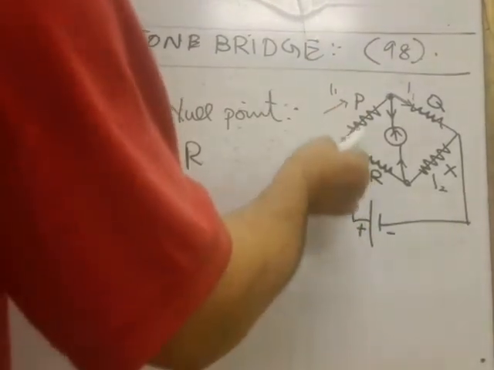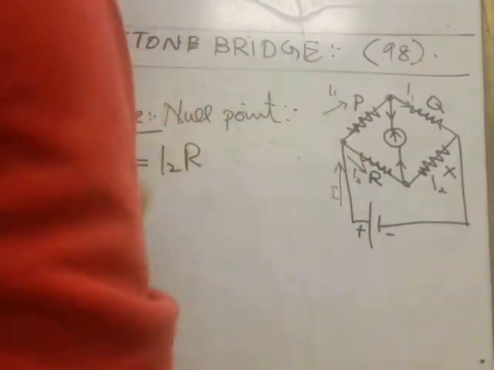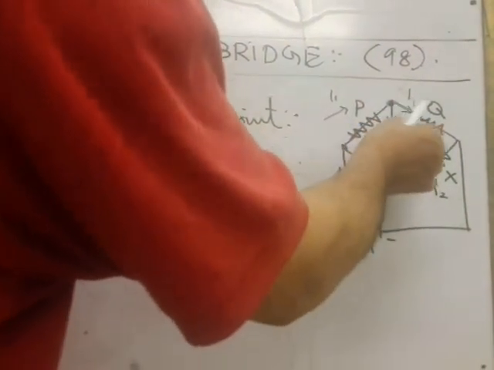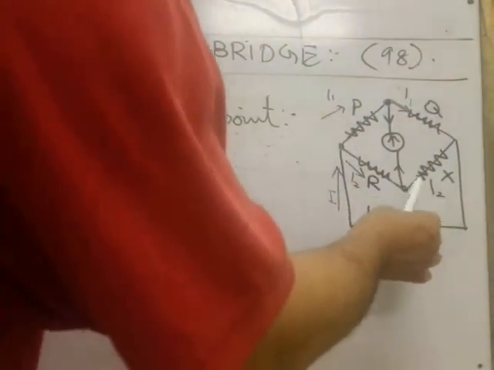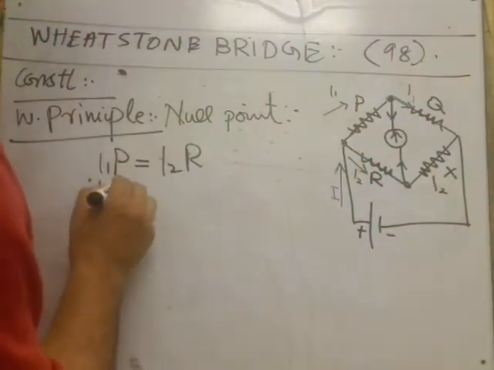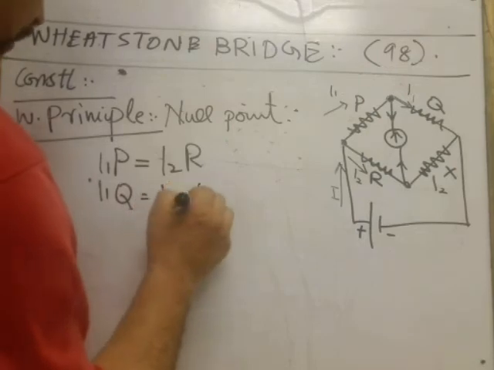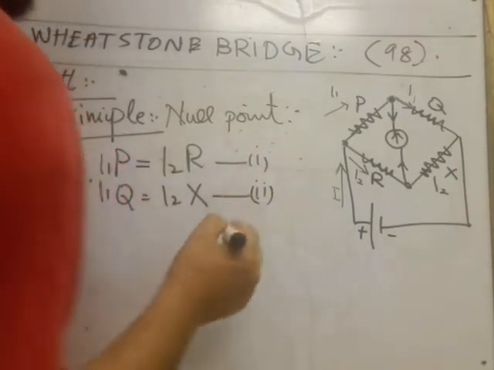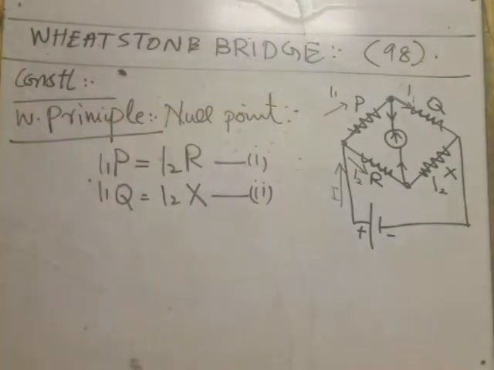Similarly, the potential drop I1Q should be equal to the potential drop of this resistance. So we can write I1Q is equal to I2X. This is equation 1, this is equation 2. All this happens at the null point.